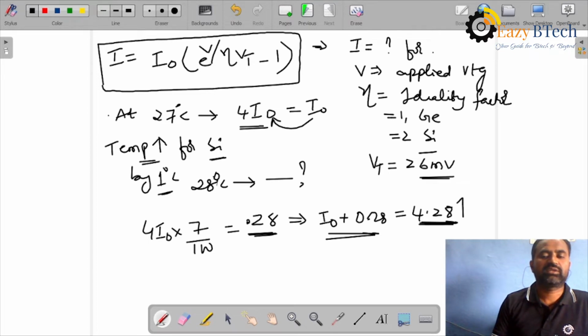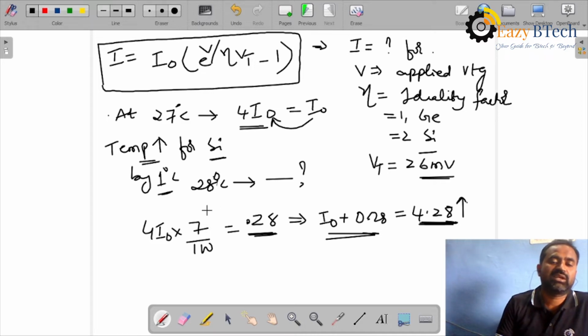This is due to the temperature effect. It means as the temperature increases by 1 degree centigrade, the current goes from 4 to 4.28. You may write it here and find out the current. You know the I naught value, and the V value may be given in the problem.